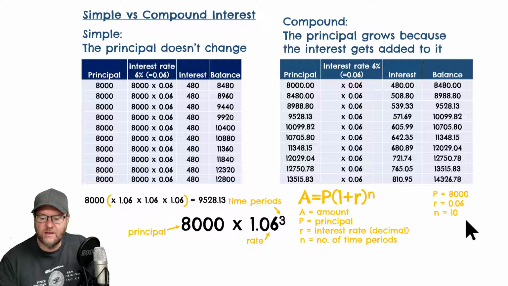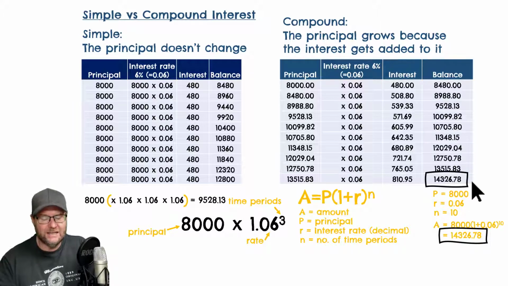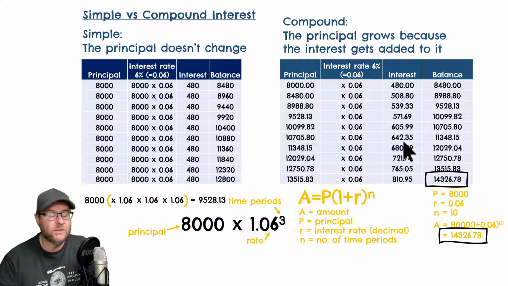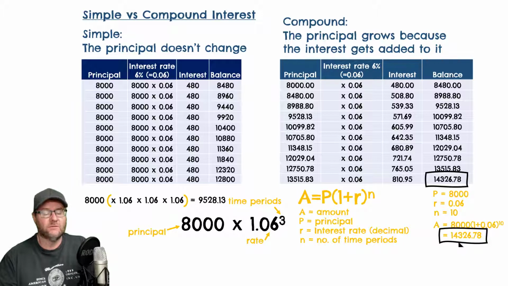If I put those values into my formula, principal, 1 plus the rate, all to the number of time periods, and punch that into my calculator, I get 14,326, which is exactly what we got when I was doing it manually, year by year. We don't need to do that. The compound interest formula does it for you. Awesome stuff. Well done.